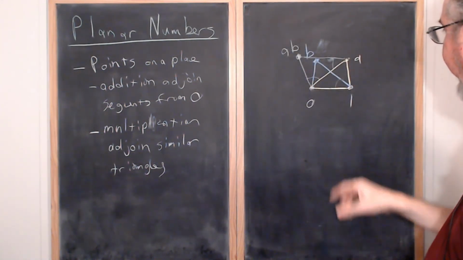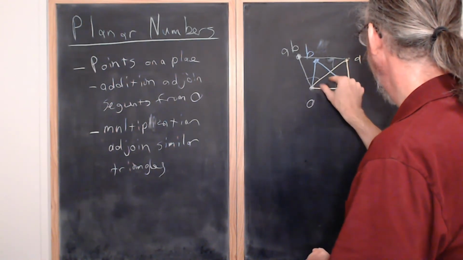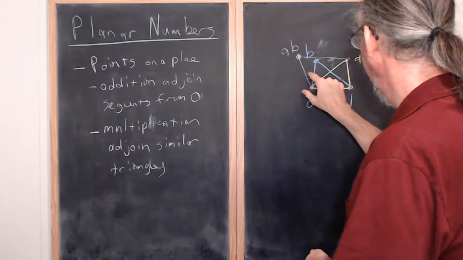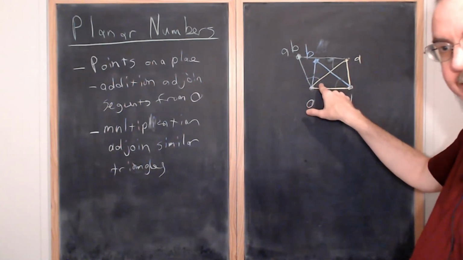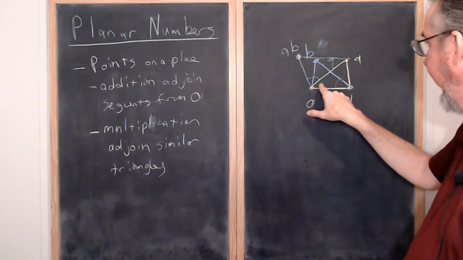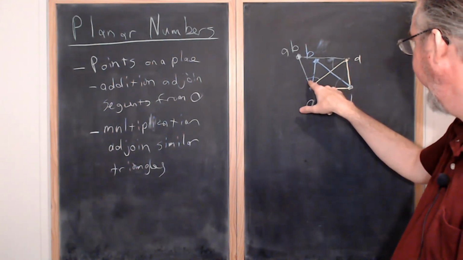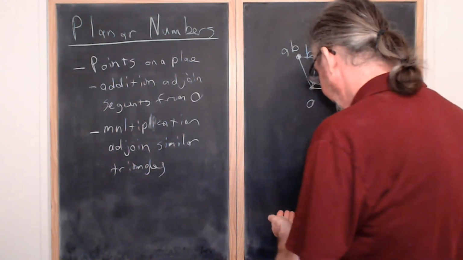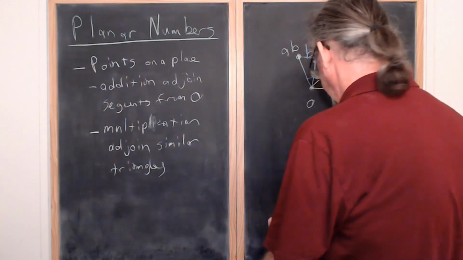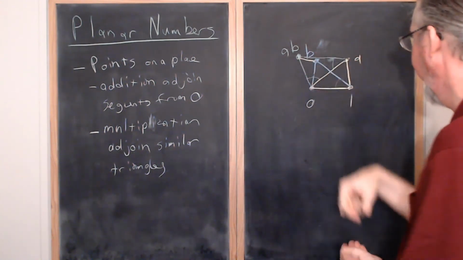And if I did that right, then if I take this triangle, this angle here should be that angle there. So now if I draw this line here, this triangle should be similar to that.